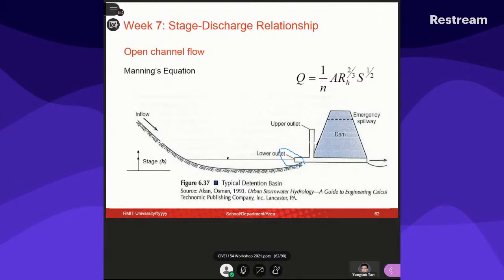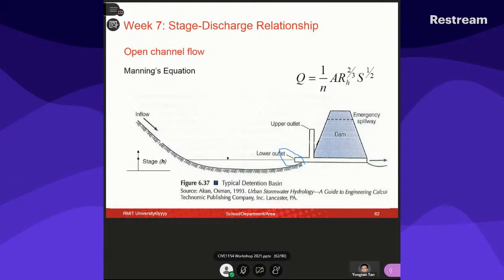In this equation, I remember I mentioned this already, but I want to repeat it for your easy reference. A here is the cross-section area of the open channel, for example for a round-shaped pipe. N is the Manning's roughness coefficient.